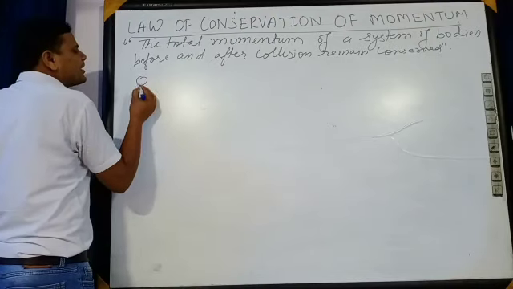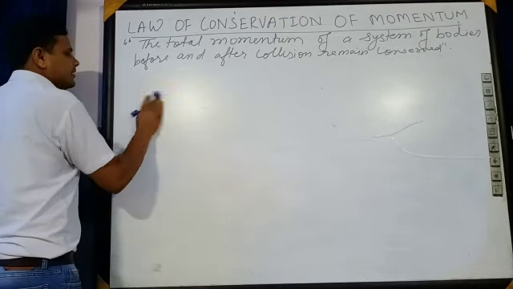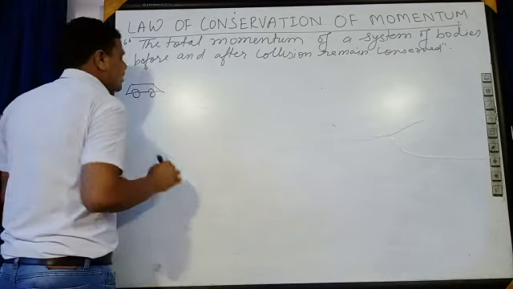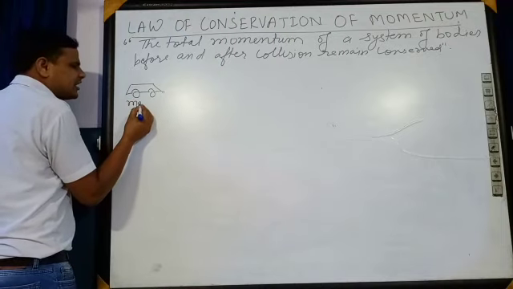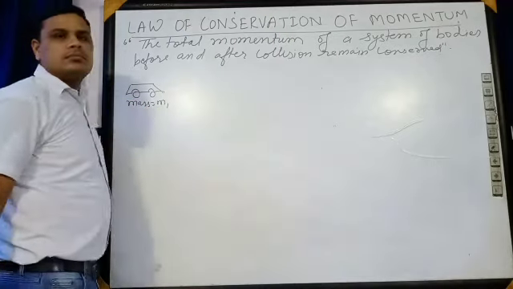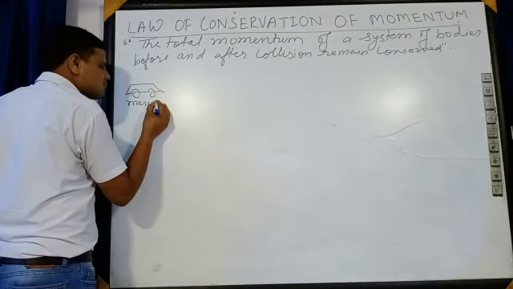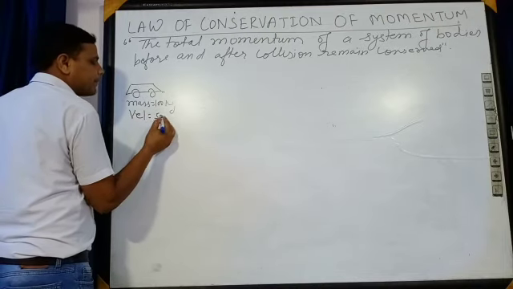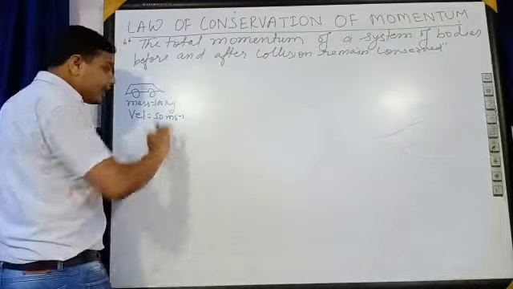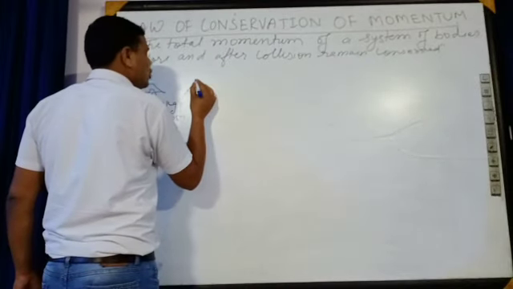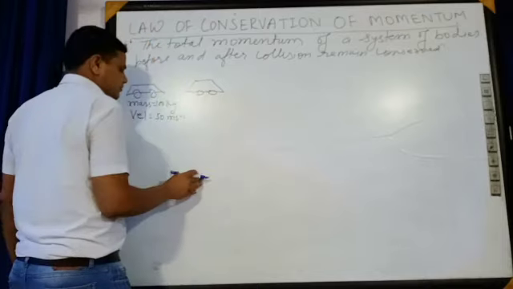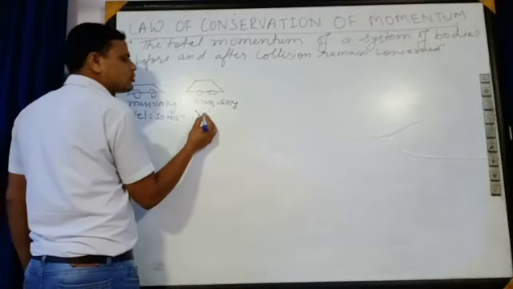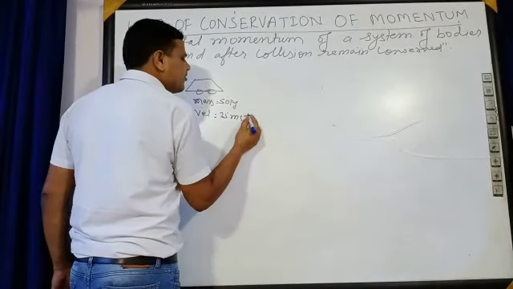Suppose there are two cars. The first car has mass m1, or you can take mass 100 kg, moving with velocity 50 meter per second, and it collides with another car of mass 50 kg and velocity 25 meter per second.